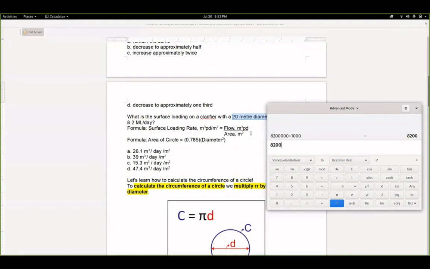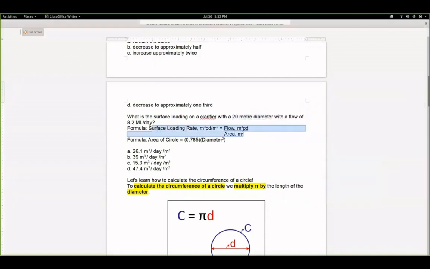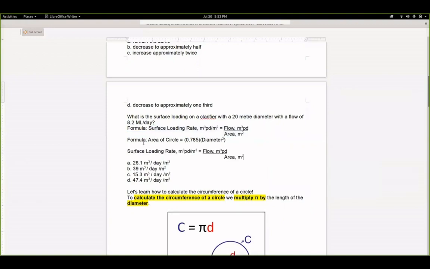Now we need the area, so I'm going to copy this and put the 8,200 in. And I'm also going to find the area. So I'm going to use this formula and use the 20 meters as the diameter because that's what the diameter is.